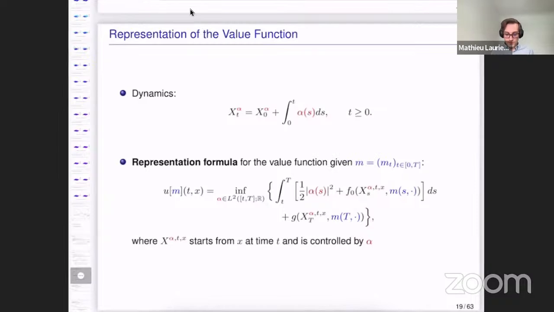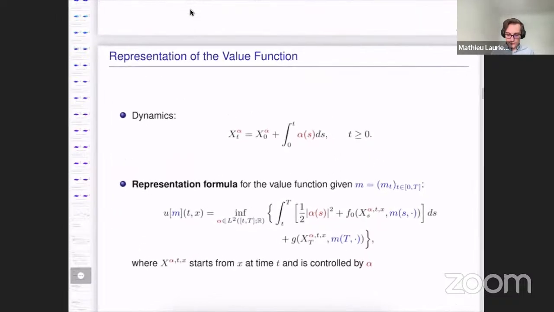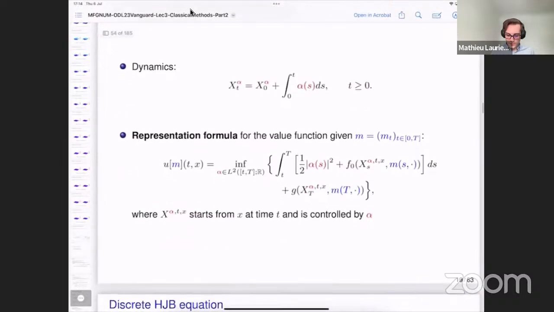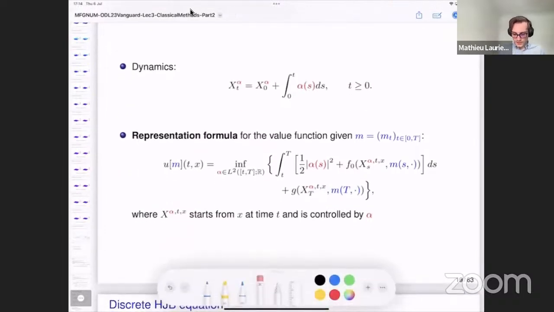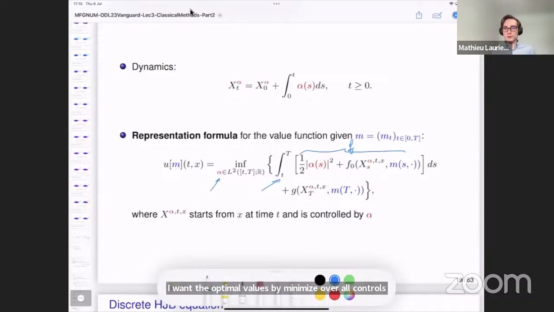The value function, if you use dynamic programming, is the integral between time t and time capital T of the running cost, this is the function f, plus the terminal cost. I want the optimal value, so I minimize over all controls, and here we take controls alpha which are in L2.